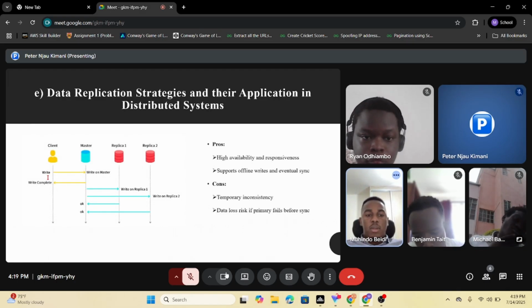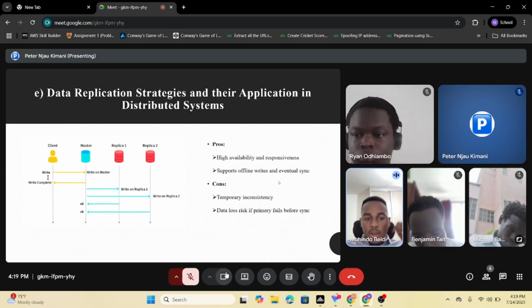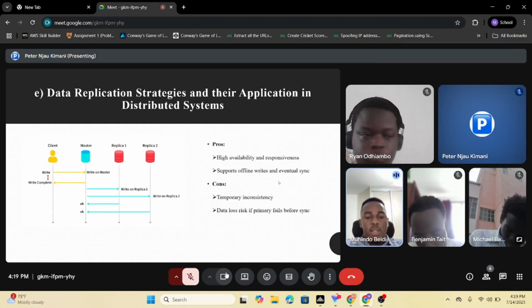About the pros: higher availability and responsiveness. If some replicas fail, the system still processes writes. It also supports offline writes and eventual synchronization. The client does not wait for the replicas.